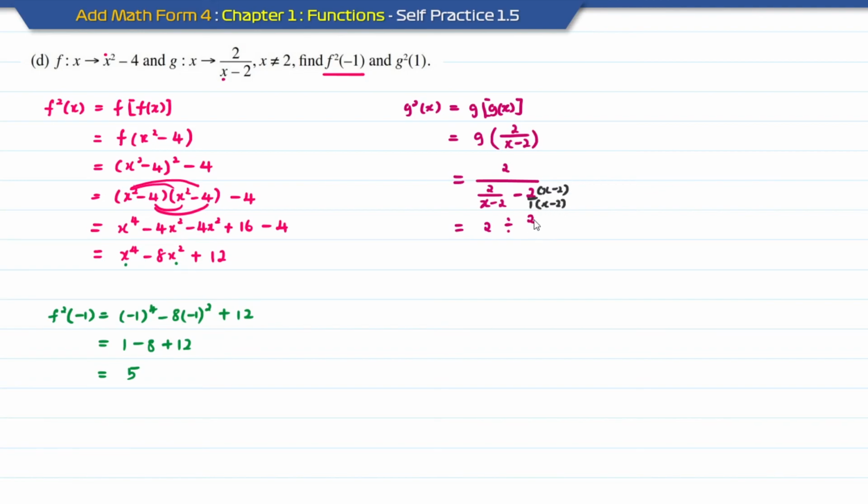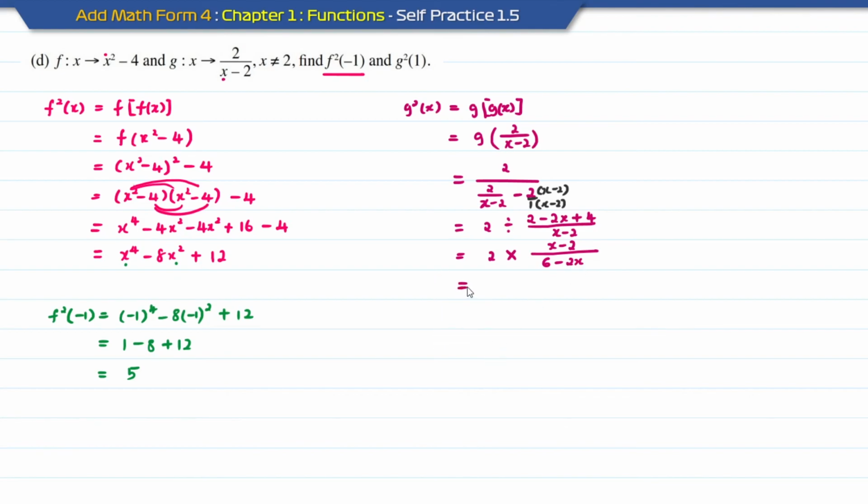I can combine it now together: 2 minus 2x, multiplying this part, and negative 2 multiplied by negative 2, I will have plus 4, over x minus 2. Next, when I multiply it, this one will be flipped over, so it will become x minus 2. This part, if I solve 2 plus 4, is going to be 6 minus 2x.